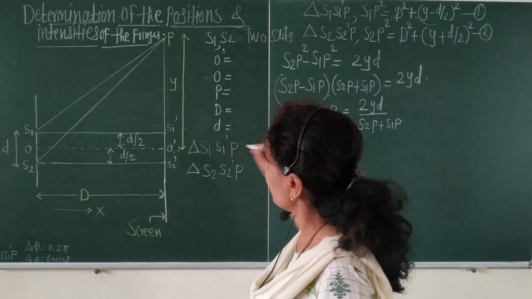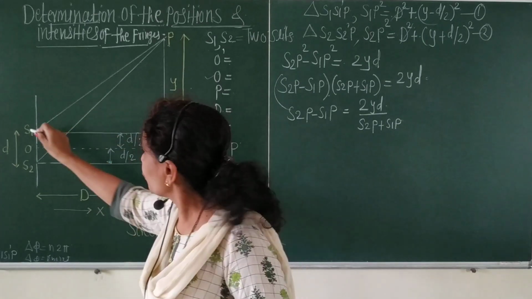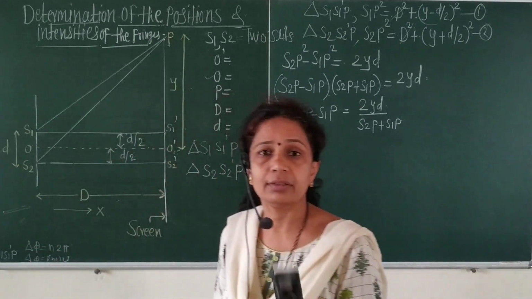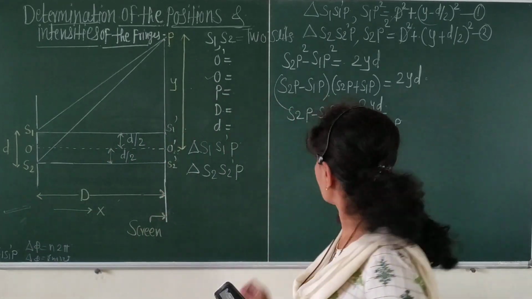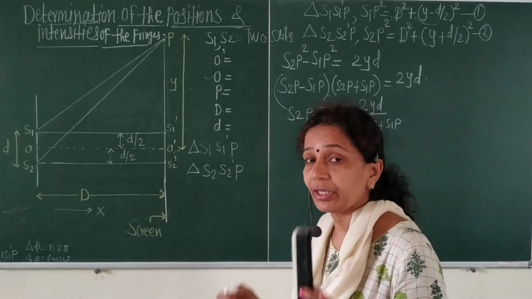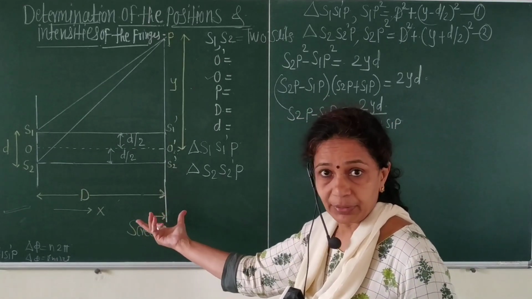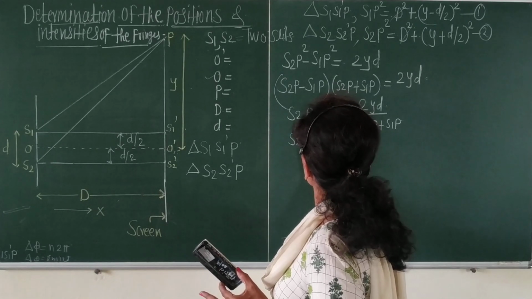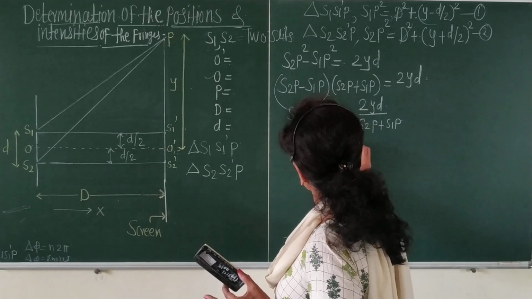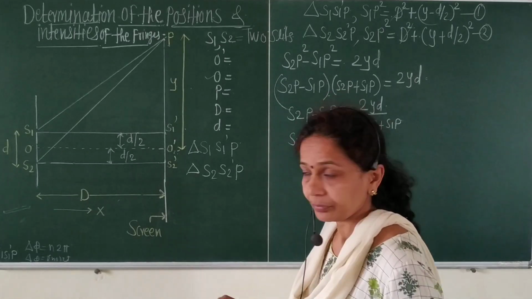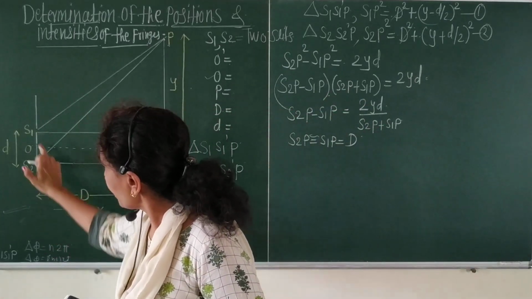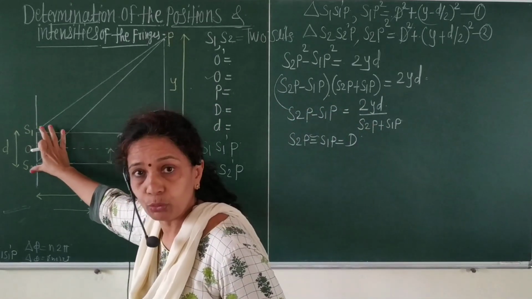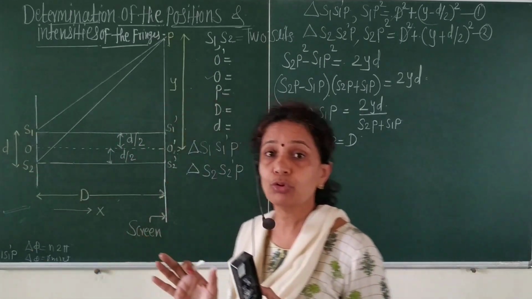We can say that S2P is nearly equal to S1P, because in practice small d is very, very small as compared to capital D. Therefore S2P is nearly equal to S1P, which is nearly equal to capital D, because these two slits are very close to each other.